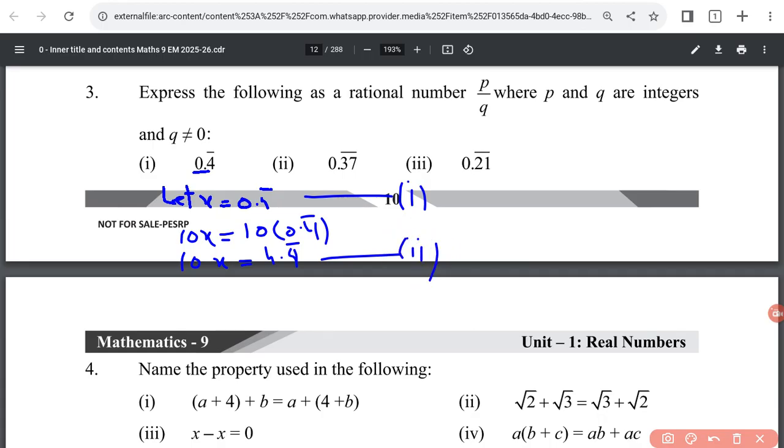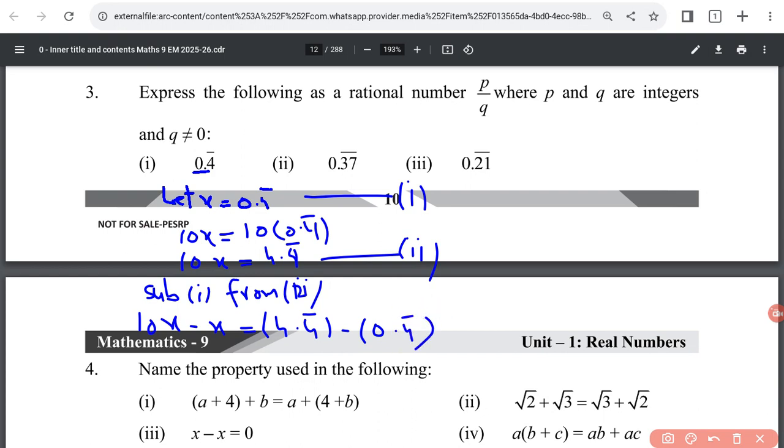Now we subtract equation 1 from 2. So we have 10x minus x is equal to 4.4 bar minus 0.4 bar.